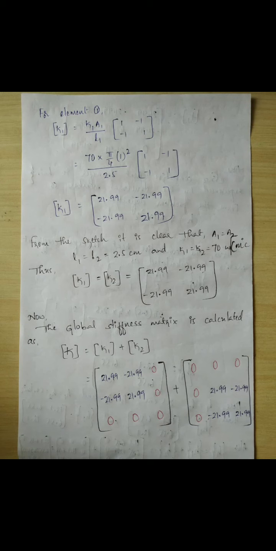That is, in element E1, nodes 1 and 2 are present and node third is absent. That's why you introduce dummy zeros along third row and third column shown in this particular sheet at the bottom, with the zeros being written in red color pen.